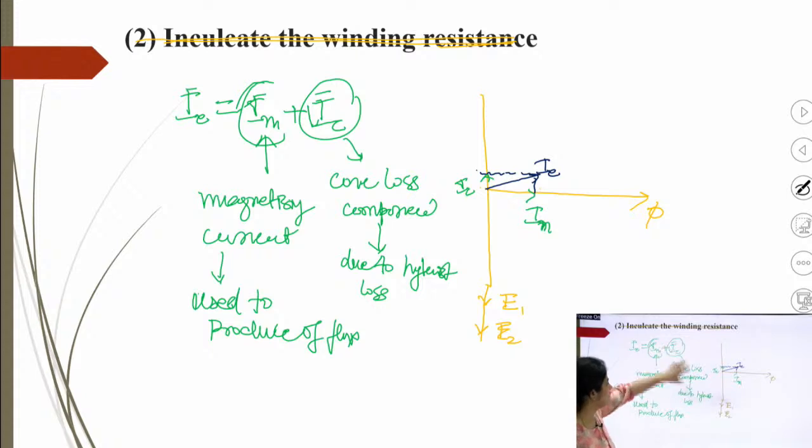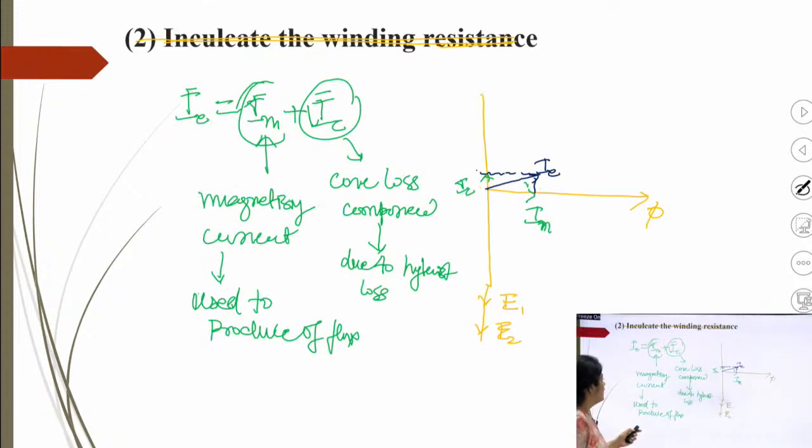And this current is the core loss component, and this core loss will be due to the hysteresis, right, because this current is no longer in phase with the flux, right.